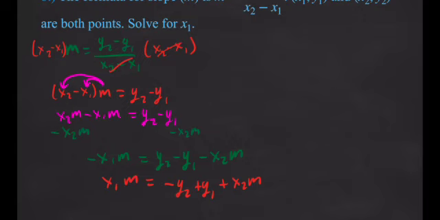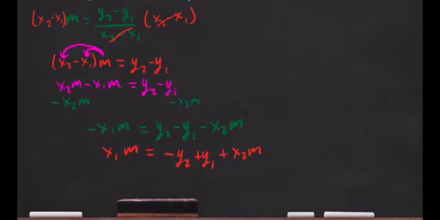x1's almost by itself, so let's get rid of that m, so we divide by m. So we have x1 equals negative y2 plus y1 plus x2m, and all of that divided by m. That is, if you want to find that x value, if you knew all the other parts, you can now just plug it into this nice formula here.